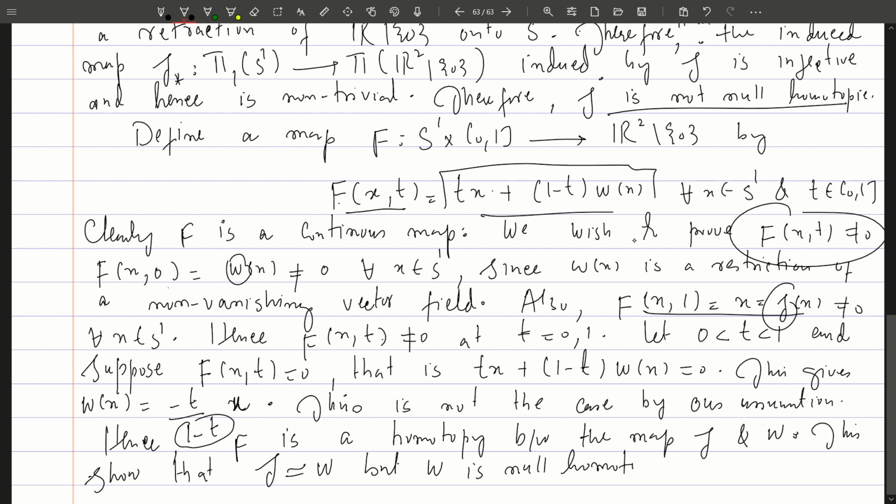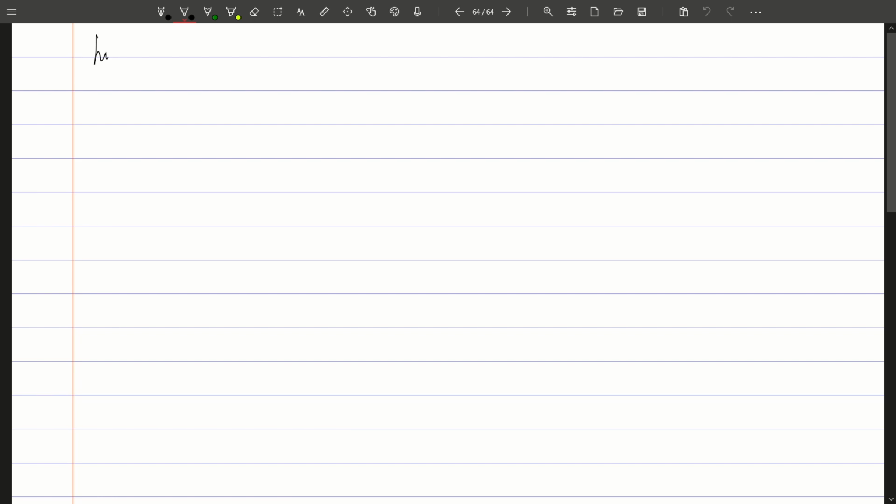J is null homotopic, which is a contradiction. Hence our assumption is wrong. That means there is a point x of S1 where the vector field points directly inward.